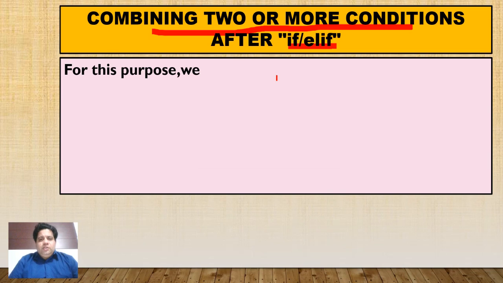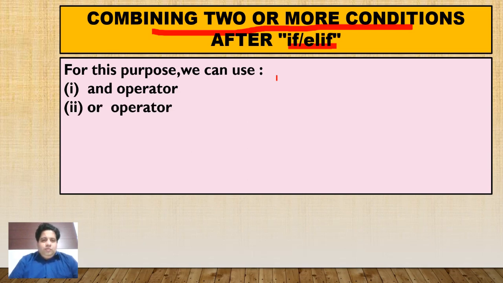You can combine by using AND operator and by using OR operator. Now these operators we have already studied in the previous tutorials. What is their working? We all know AND gives true when all the conditions are true.